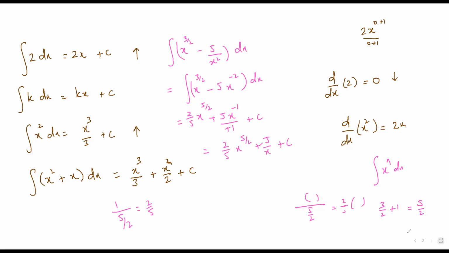Now it is time to tell you why we have to write this plus c. Do you remember when you had y equal to x squared plus 5x plus 2? And when you were differentiating this, you were having 2x plus 5. And this 2 was eliminated. This was murdered while you were differentiating this. So when you integrate it, you must get it back.